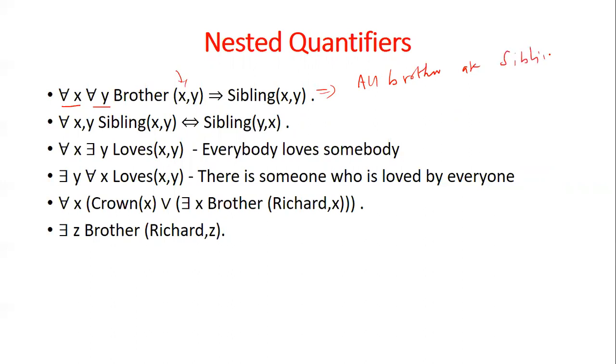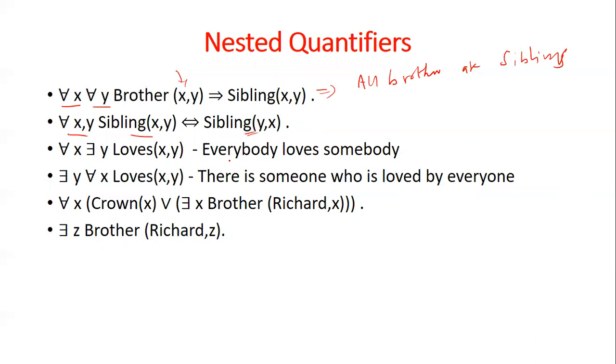For all X comma Y, sibling of X comma Y implies sibling of Y comma X. So if somebody is a sibling of another, then the other person is also the sibling of this person.